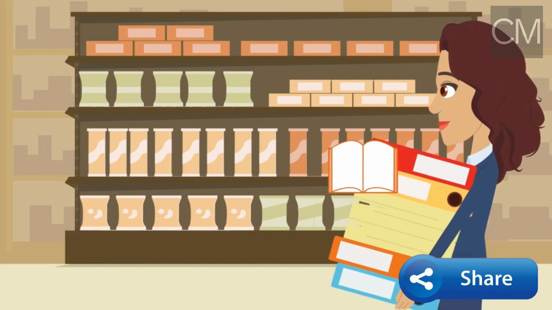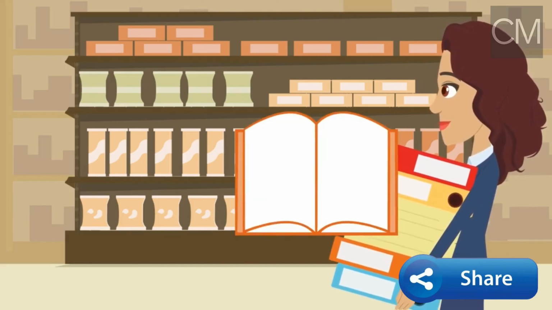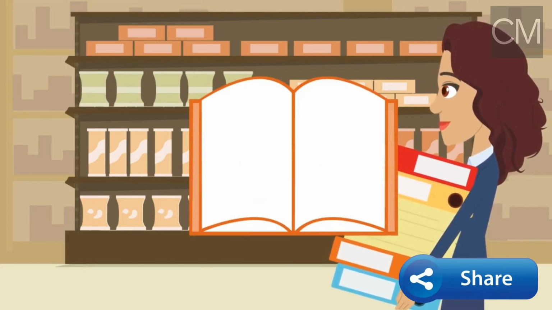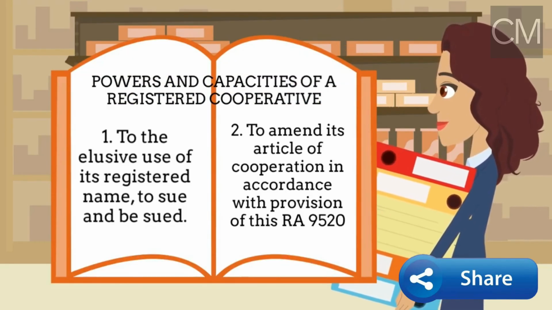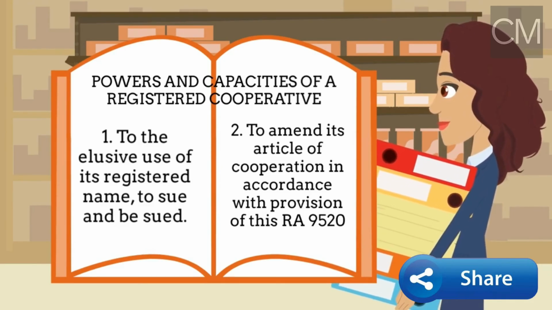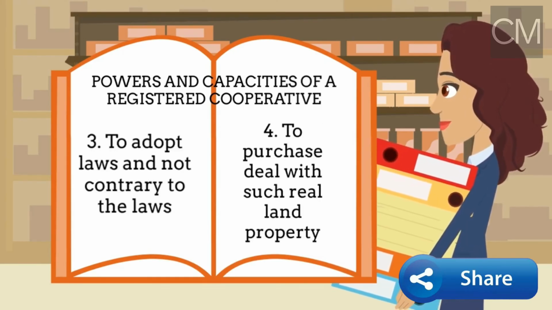The powers and capacities of a registered cooperative: to the exclusive use of its registered name, to amend its articles of cooperation in accordance with the provisions of Republic Act 9520, to adopt bylaws not contrary to law, morals, or public policy, and to amend and repeal the same in accordance with the code.